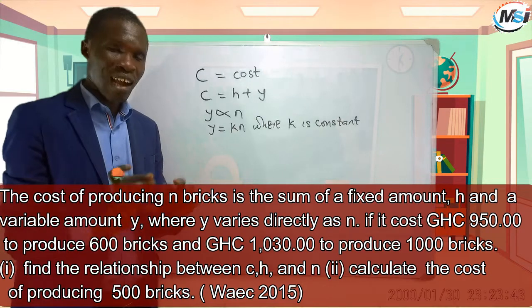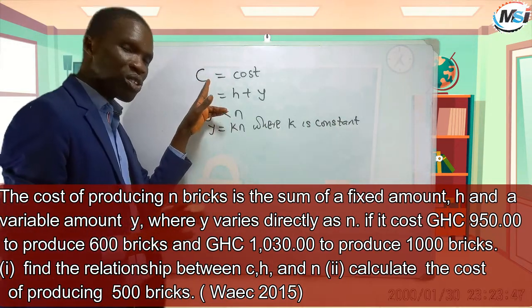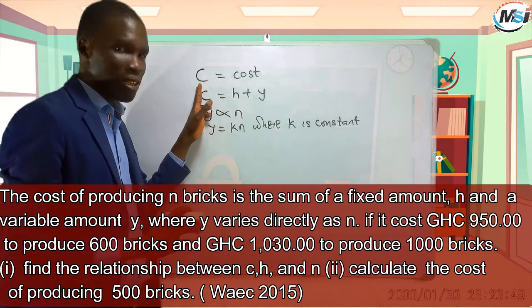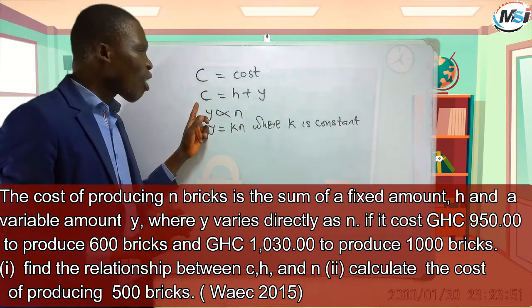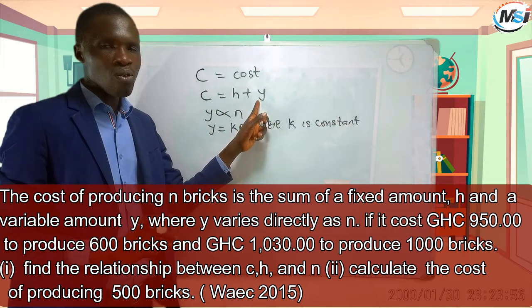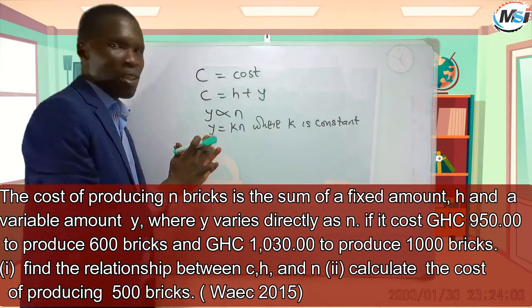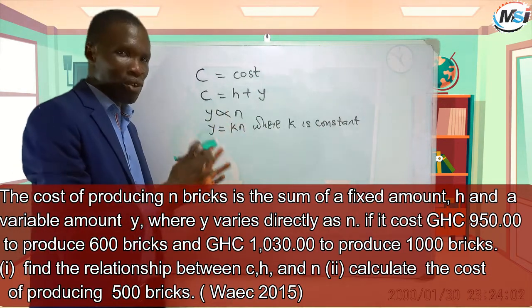Now, the first thing, I want to go back again. The first thing is, from the question, cost represents C. Now, cost is equal to H plus Y. Why? Because H is fixed and Y is variable.